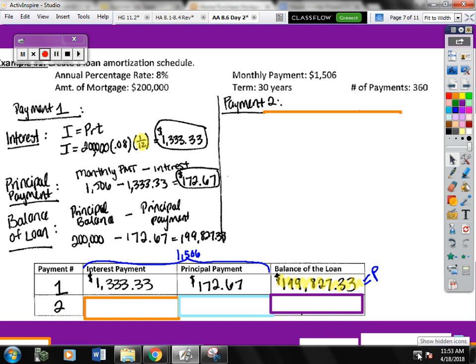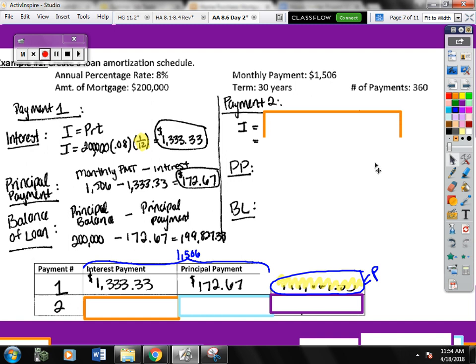So now we're going to do all those things again. Create your 3 little titles: interest, principal payment, balance of the loan. Start out with your I equals PRT, but this is now your P for the next column. And if we were to do a third column, the answer we get here would be used as P for column 3. So you keep using your answer for the balance of the loan in your new calculations.